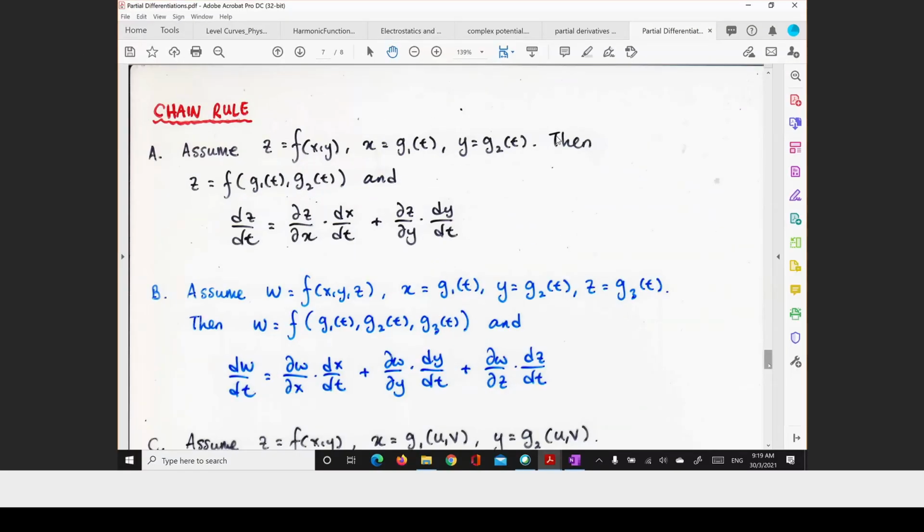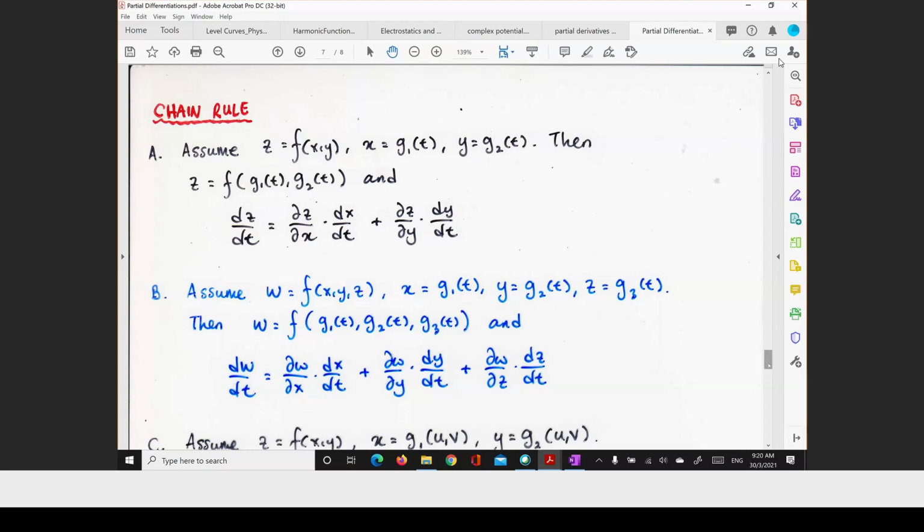We have here z equal to f(x,y). And notice that x is in turn defined as a function of a single variable t, and y is also defined in terms of a single variable t. Remember, for a function of a single variable, if x is defined in terms of t, we call it a parametric equation, right?